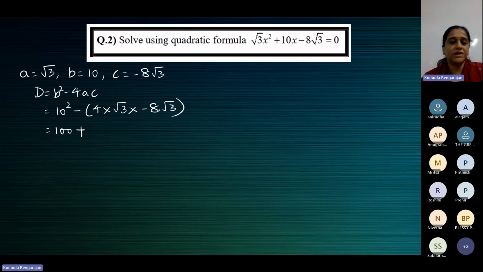Minus into minus plus 8 4s are 32. 32 into 3, 96.